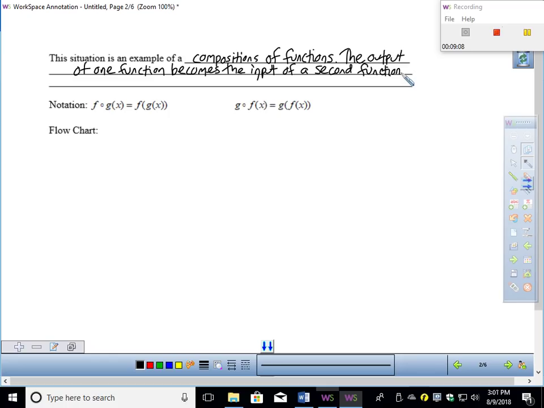Perfect. So that's what I wanted you to kind of take from that idea of the drug level. It was the output of one, and it became the input of another. Now, if you think about the 5 operations dealing with functions, addition, subtraction, multiplication, division, and now compositions, this is the only one that really can't be dealt with just numbers, right?